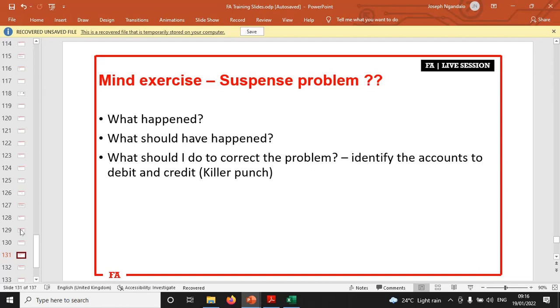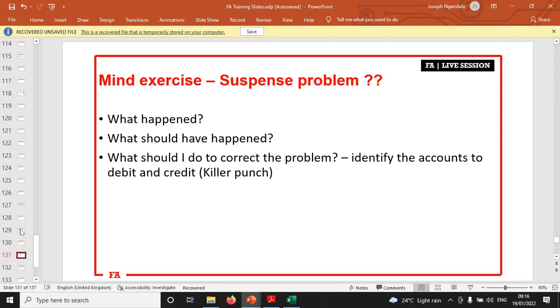Whether there was an error or not, what we know is that we're supposed to have correct figures. Very important. It's a killer punch because most students don't want to think about it, and they find the suspense account questions to be problematic.